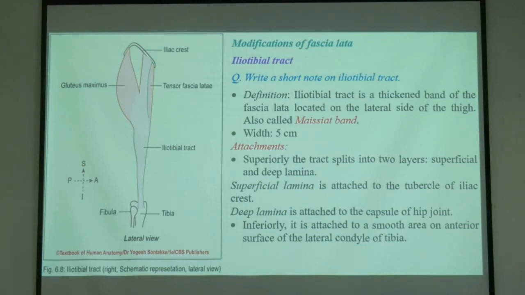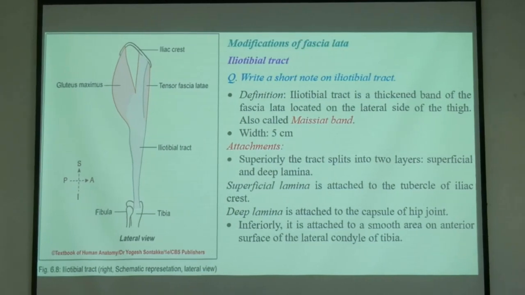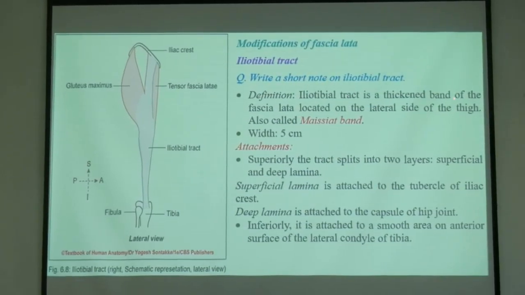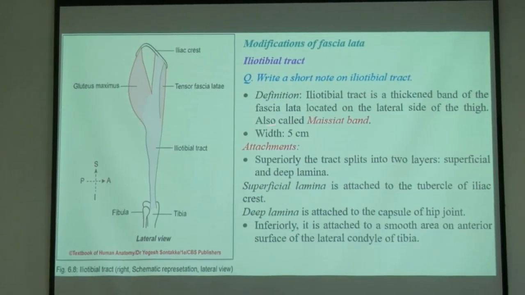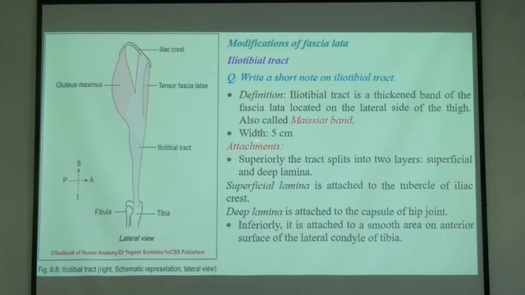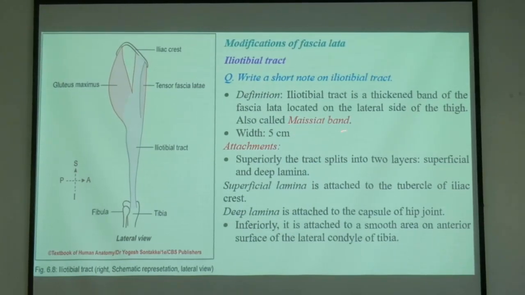Now, what are the modifications of the fascia lata? That is also important. One is the iliotibial tract. The iliotibial tract is a thickened band of fascia lata located on the lateral side of the thigh, also called Maissiat's band. The width of this band is about 5 centimeters. What are the attachments? Superiorly, the iliotibial tract splits into two layers, superficial and deep lamina.